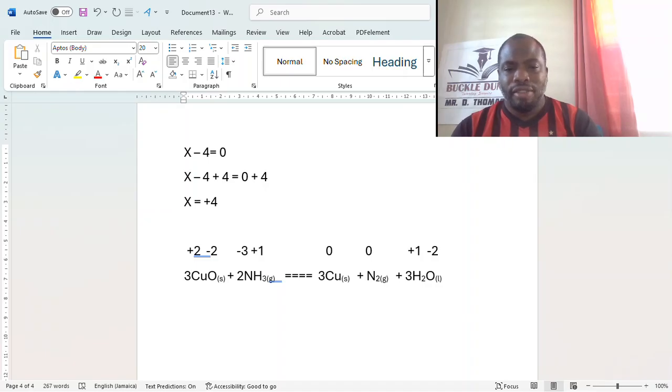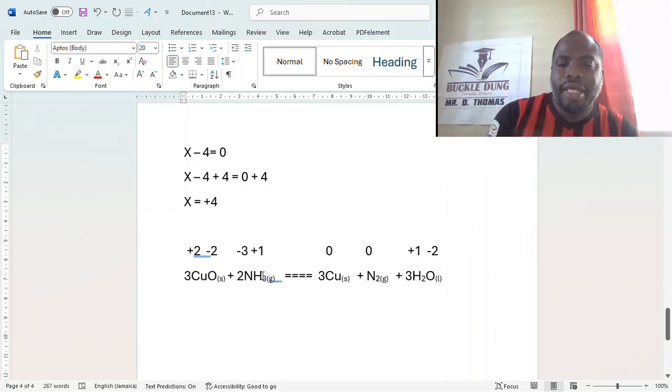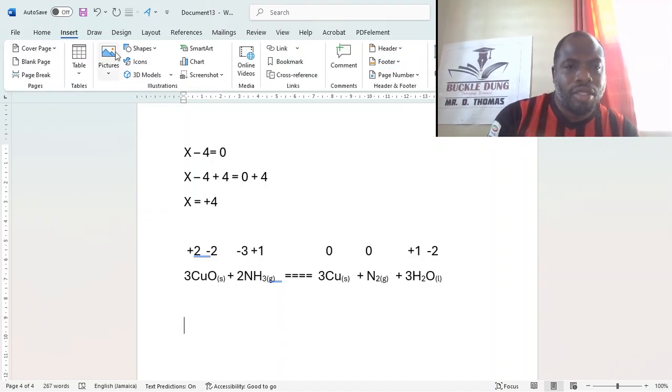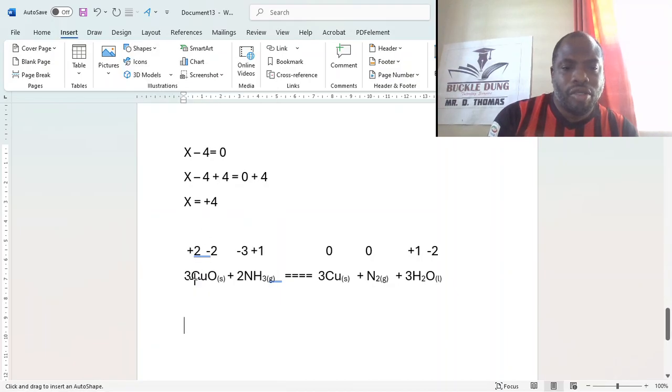So what you find is that you can track. So we know that the hydrogen and the oxygen is out because their oxidation number isn't changing. Maybe I can include to show. So we're looking at the copper.